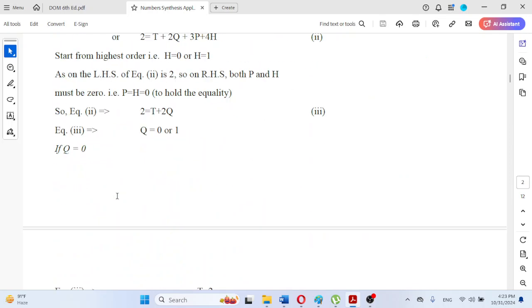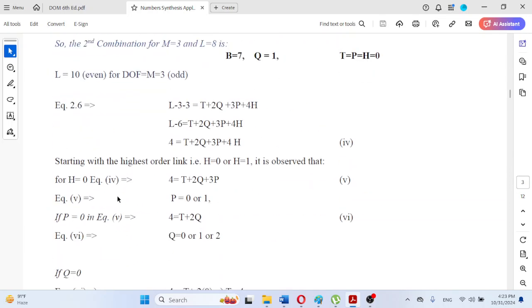So L is equal to 10 will be tried. Here L is equal to 10, which is even, for DOF or M equal to 3, odd. So equation 2.6 will give like this, L minus 6, and so 10 minus 6 will be equal to 4. So 4 will be equal to T plus 2Q plus 3P plus 4H.